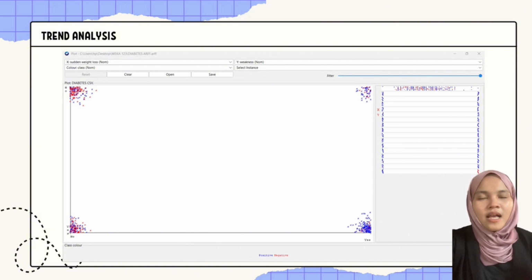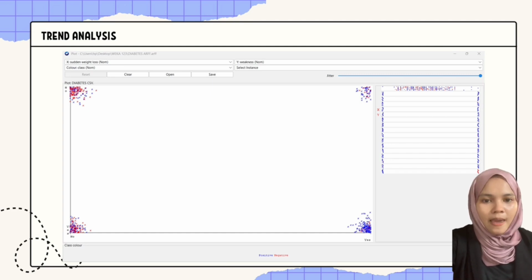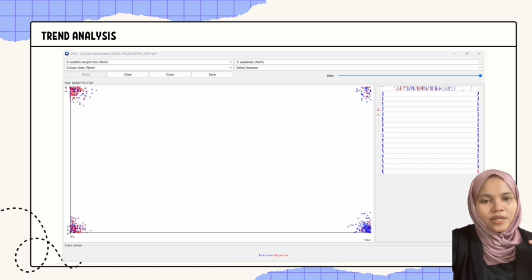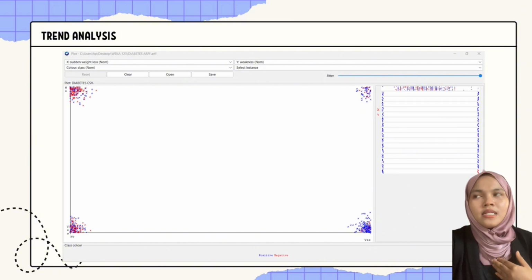This aligns with health trends, as unexpected weight loss and feeling weak can be signs of an underlying health issue like diabetes. Conversely, an individual reporting yes to sudden weight loss and yes to weakness will be at higher predicted risk. This combination of attributes matches symptoms of early stage diabetes.